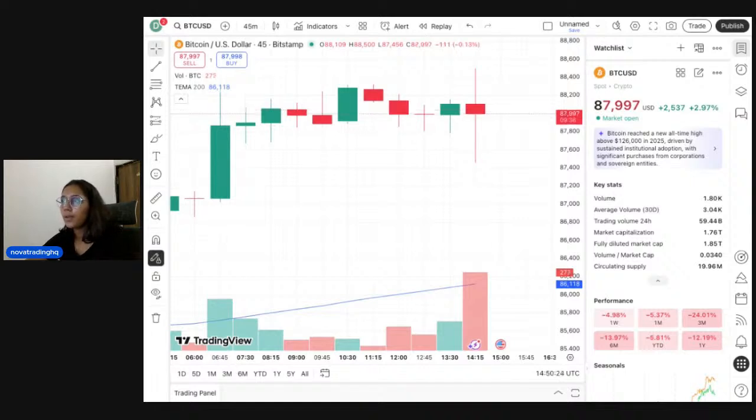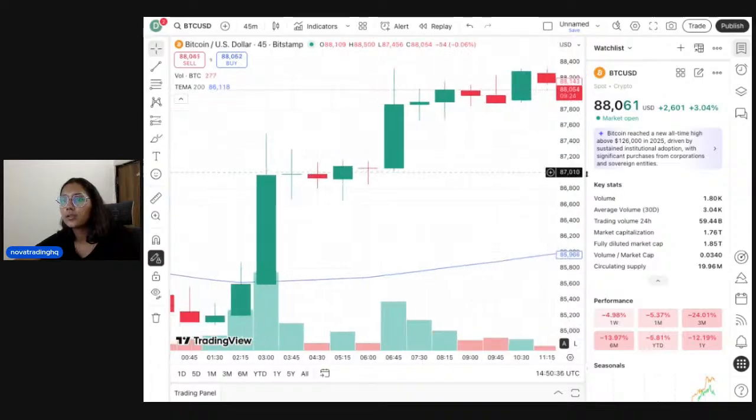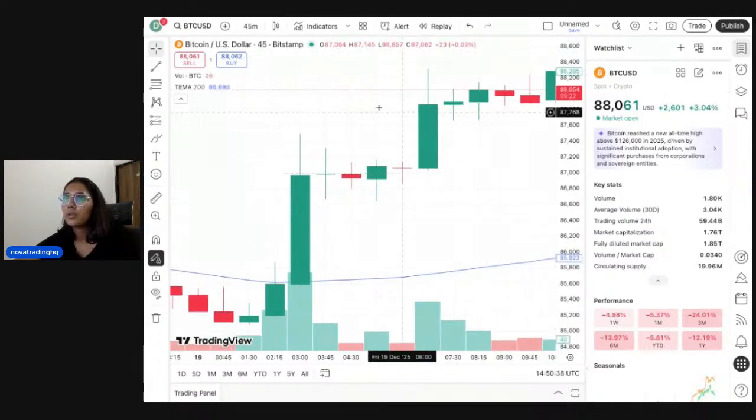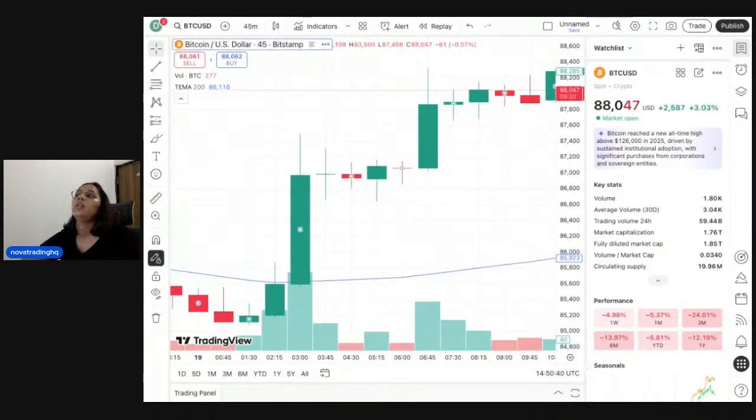On the left side, you can see a strong bullish expansion candle around 6:45 to 7:30 UTC. This candle is large and it closes near the high.